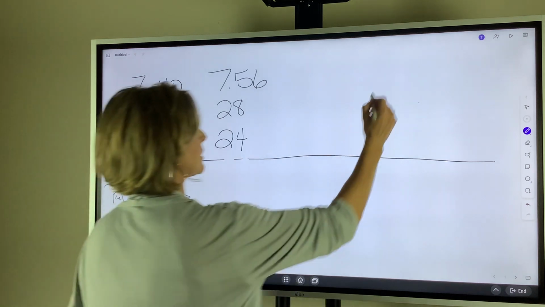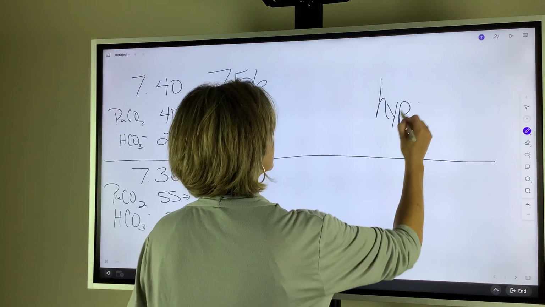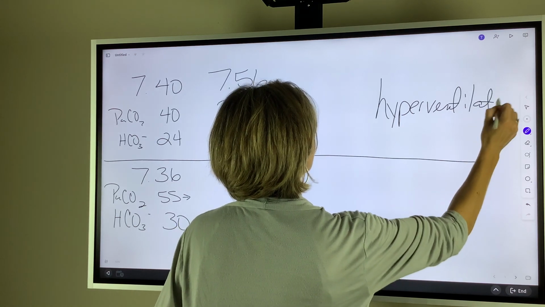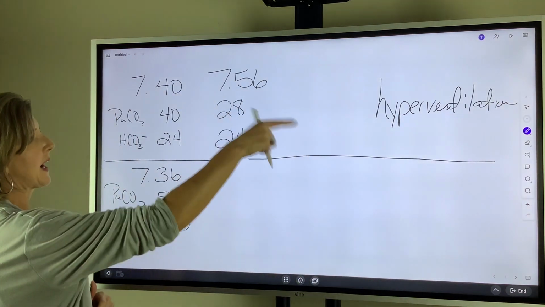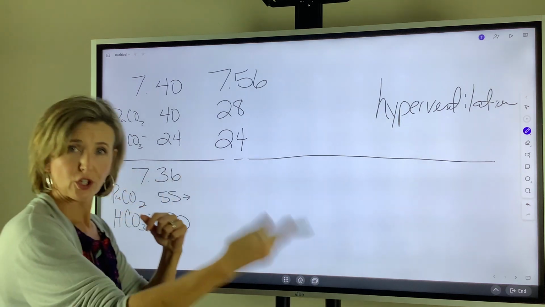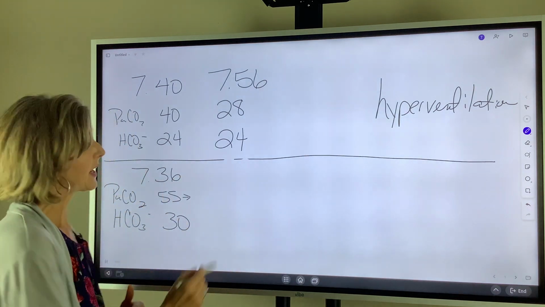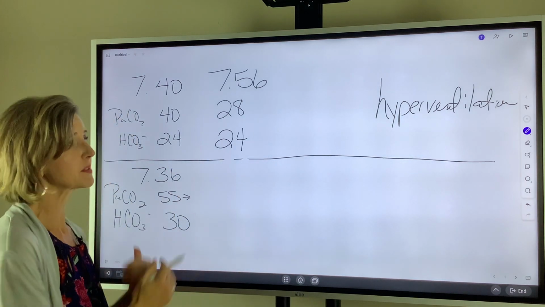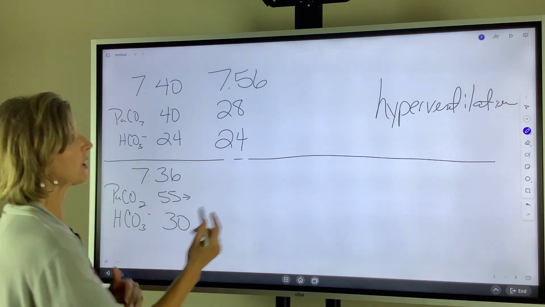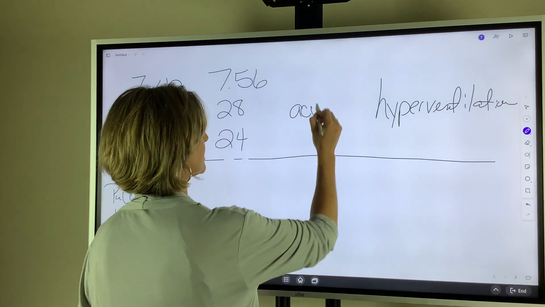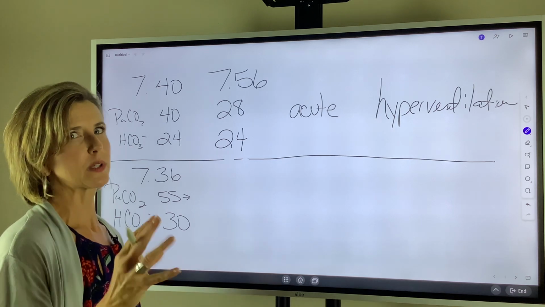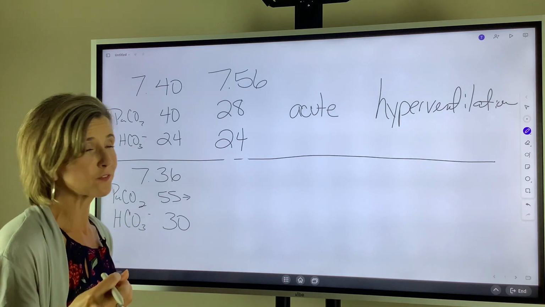Because that CO2 is low, and a low CO2 is called hyperventilation. All right, so hyperventilation. It is an acute situation, and I know that because that bicarb has not moved in an attempt to compensate for this. So we call this acute hyperventilation.